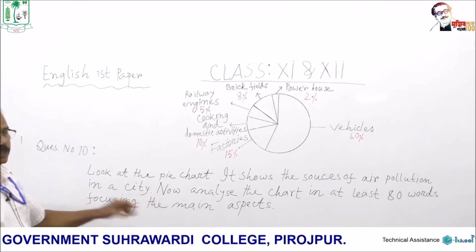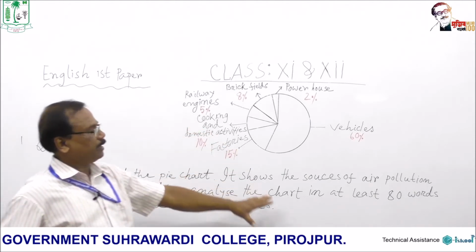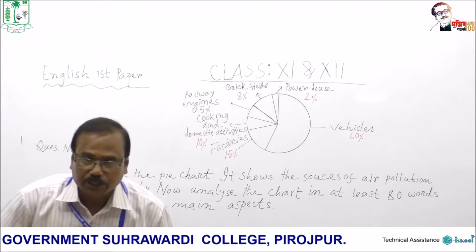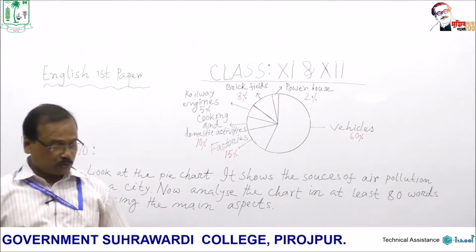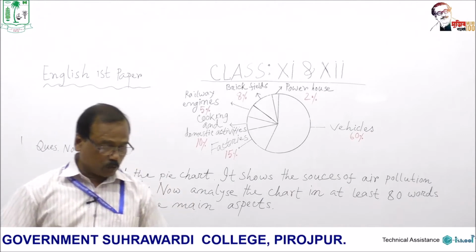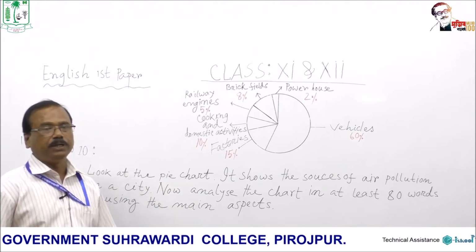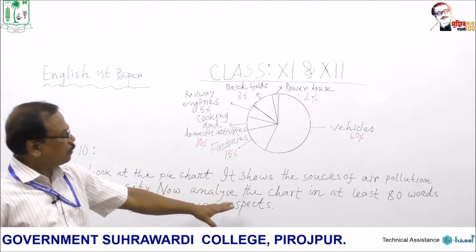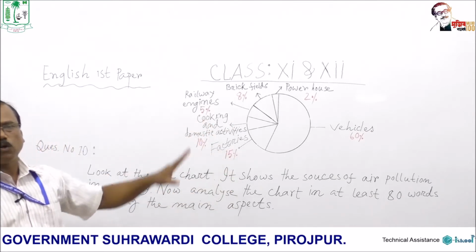This is the question. The chart is above the question, but in your question paper you will come across the question like this. Look at the pie chart below, but here I have drawn the pie chart above the question, not the below.